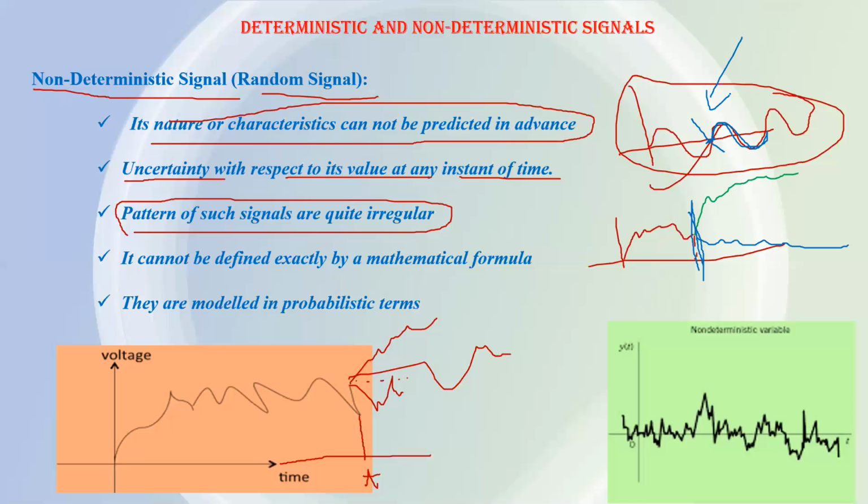But for non-deterministic signal, for random signal, there will be uncertainty with respect to its value at any instant of time. Pattern of such signal will not be regular, and the main and important thing, you cannot write the mathematical equation of this signal.